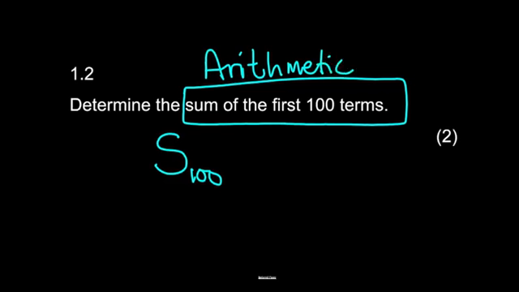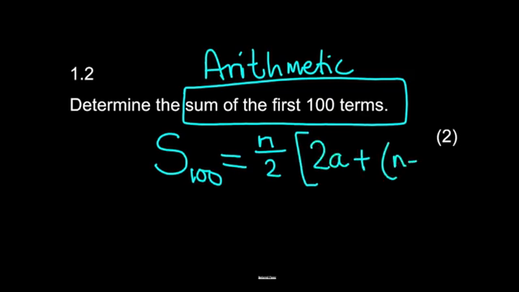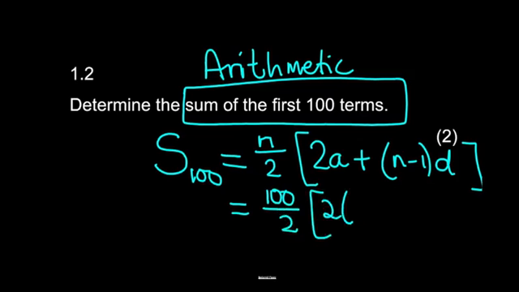If you've already established that it's arithmetic, then the sum of 100 would be n over 2 multiplied by 2a plus n minus 1 d. So we get 100 over 2 into our first term, negative 2, and we had 99 differences. 100 minus 1 is 99.